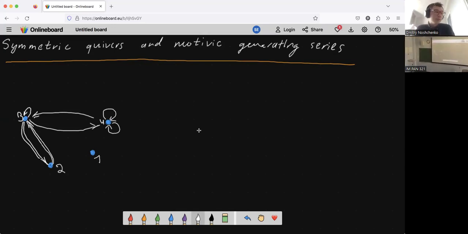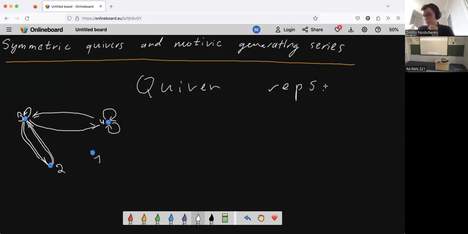For today, I thought that maybe the best way to do this presentation, the most down to earth, would be to consider quiver representations over finite fields. And so we consider quiver representations, and by representation we mean that to every node of a quiver, we must attach a vector space of finite dimension, and to every arrow, we must attach some linear map between the corresponding vector spaces.